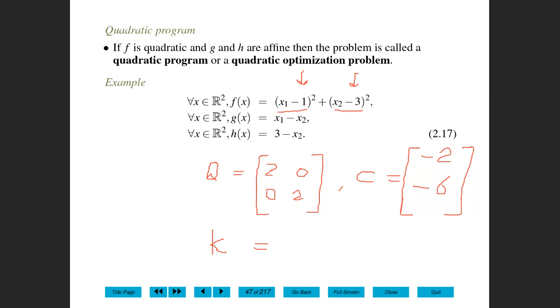No, once you open it, it would be 10, because once you open the first one, you will get x1 square minus 2x1 plus 1, and from here you will get x2 square minus 6x2 plus 9. So the constant is plus 9, and from here you will get plus 1. So eventually it would be 10.